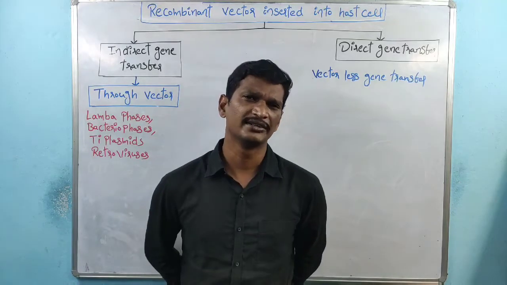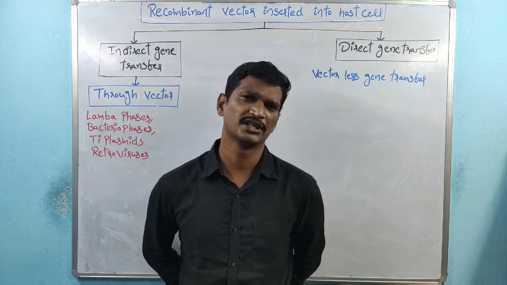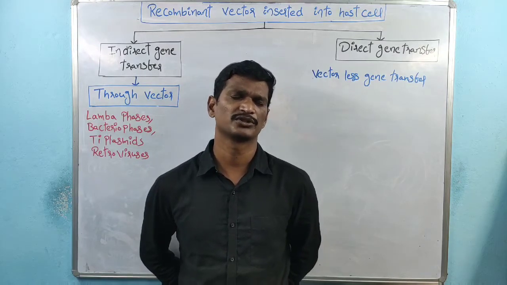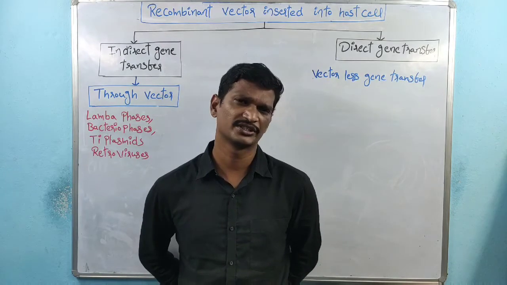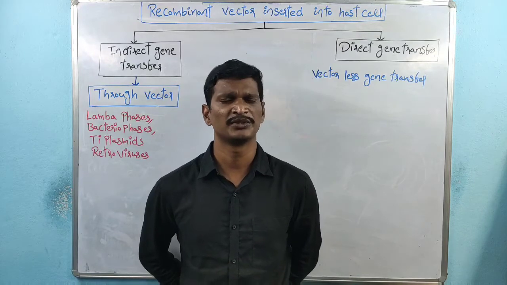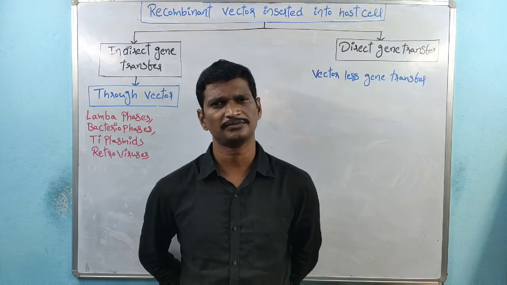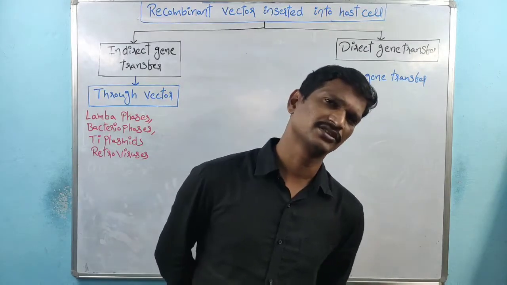After identification comes desired gene amplification. After the amplification process, as we just discussed, the desired genes are ligated with the plasmid DNA or the vectors, right?